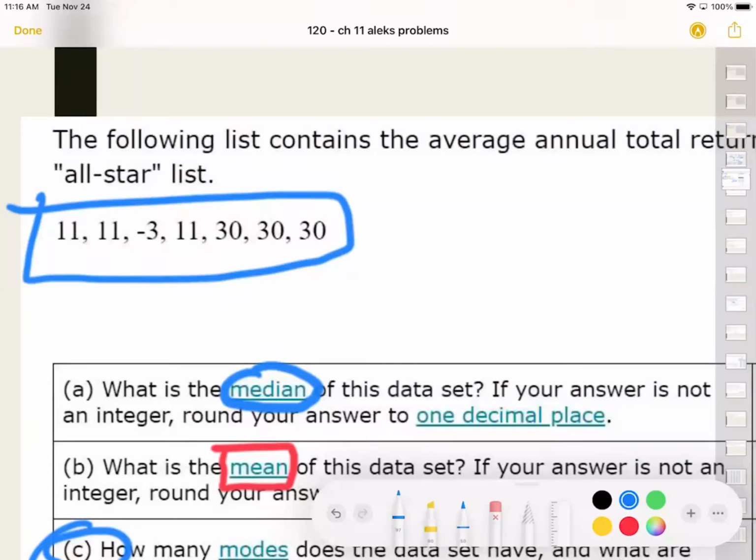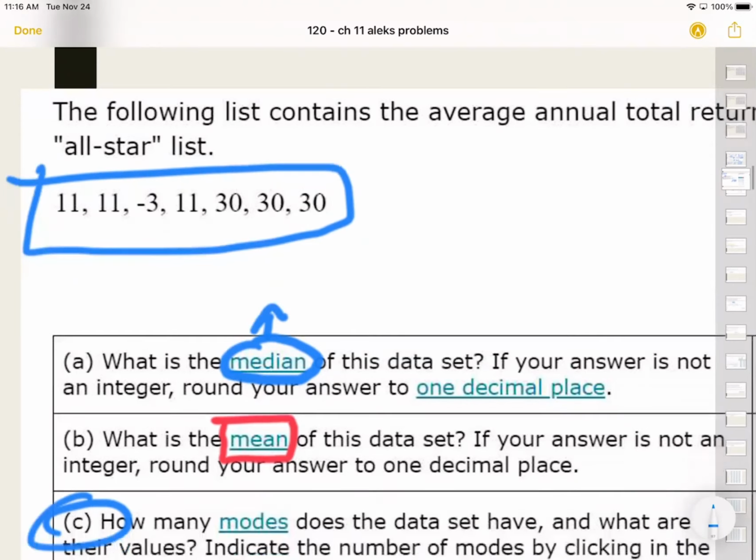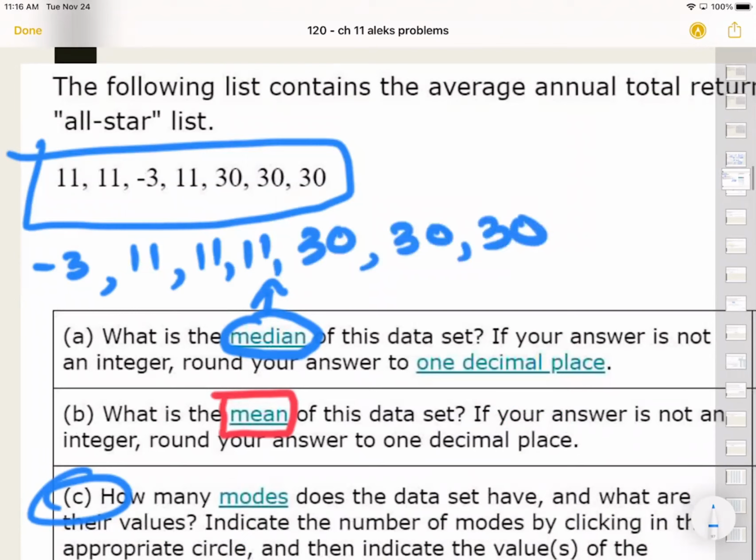So how do we find the median? Reminder, the first thing, coincidentally the same here, is you need to put the items in order first. This is my order: -3, 11, 11, 11, 30, 30, 30.